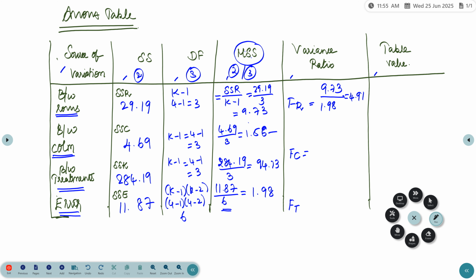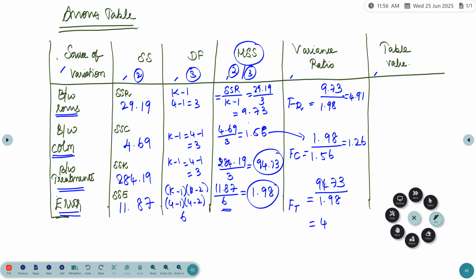Similarly, here 1.98 is higher, so I keep it in the numerator: 1.98 divided by 1.56, which is equal to 1.26. Similarly, compare these two. 9.73 is the higher value, so it goes in the numerator: 9.73 divided by 1.98. The answer is 47.2.